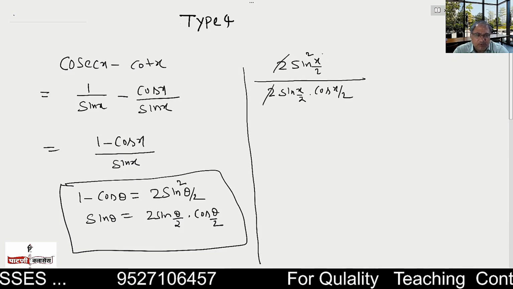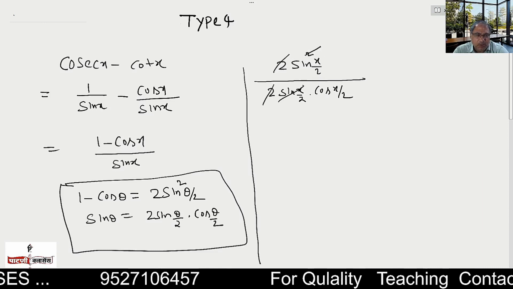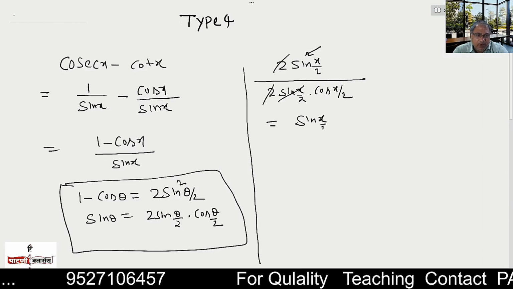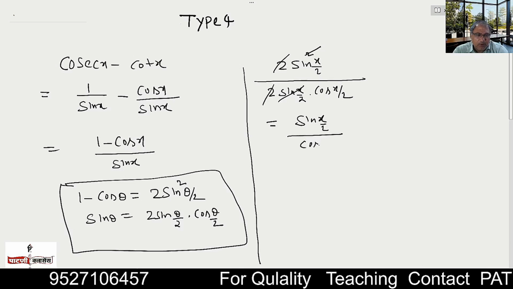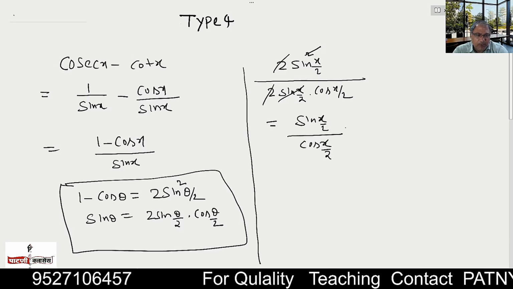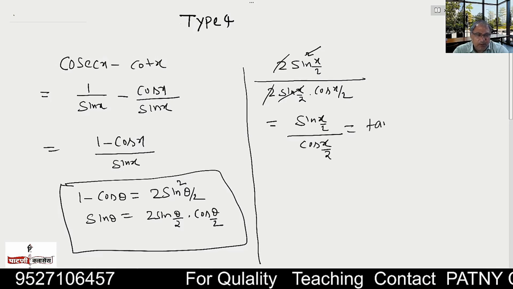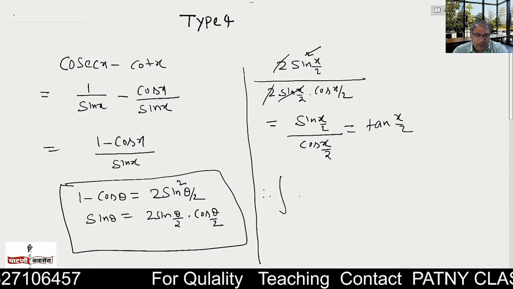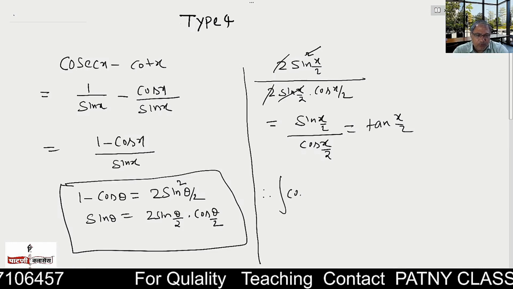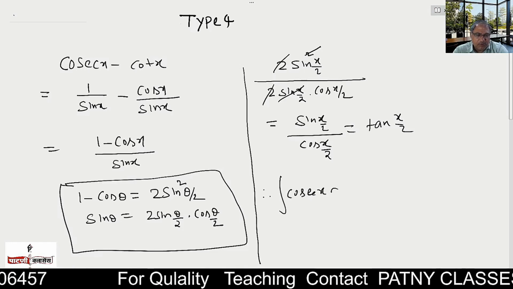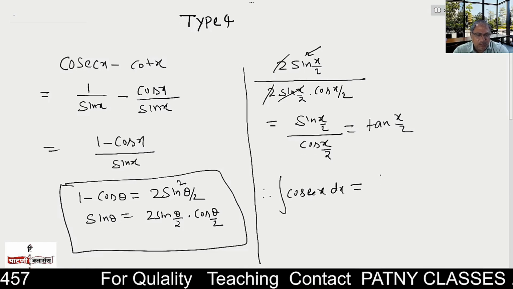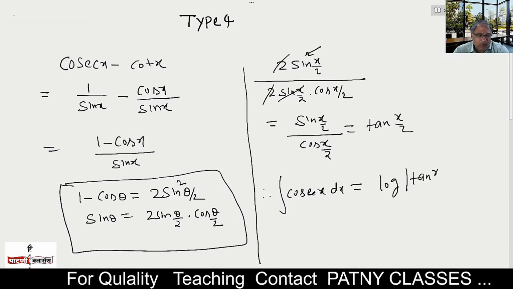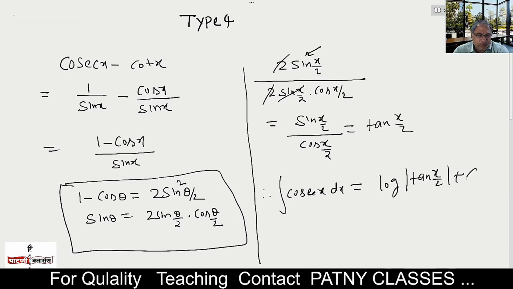This and this cut down, this and this cut down. I get sin x by 2 upon cos x by 2 equals tan x by 2. Therefore, integration of cosec x with respect to x is also given by log of modulus of tan x by 2 plus c.